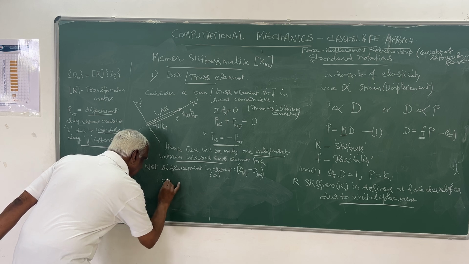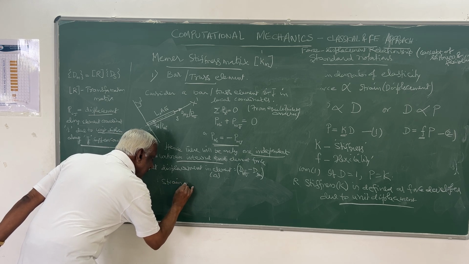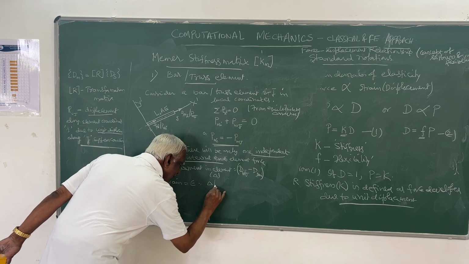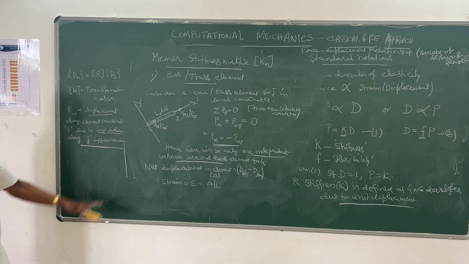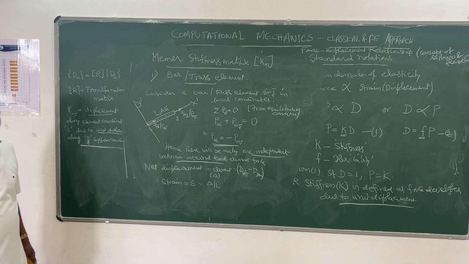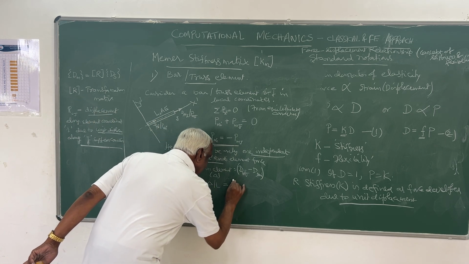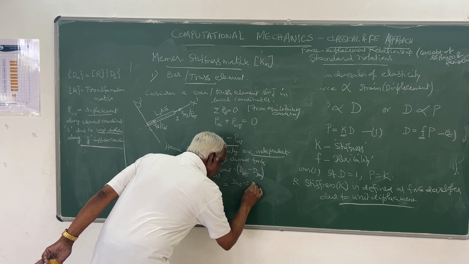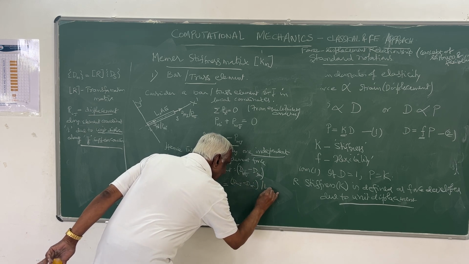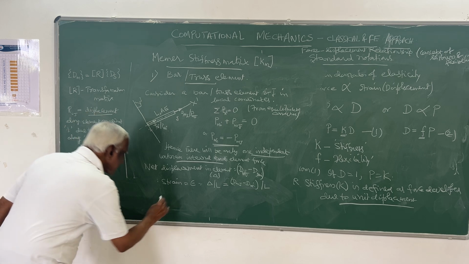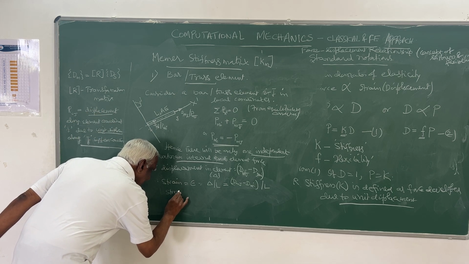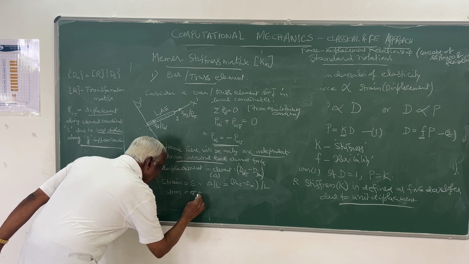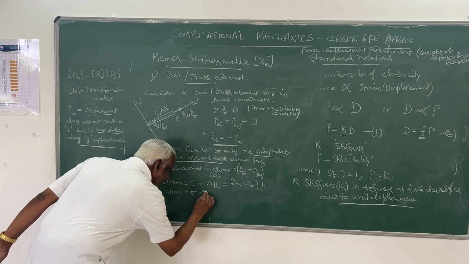Therefore, strain is equal to delta by L. Strain is that, so that is nothing but DMJ minus DMI divided by L. Stress sigma is equal to E epsilon.